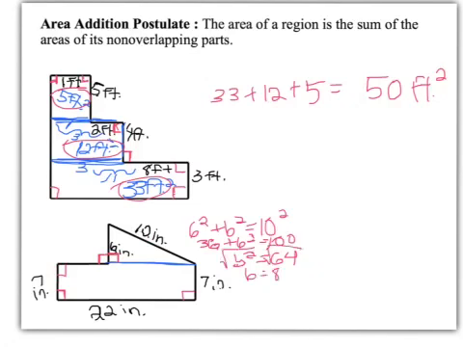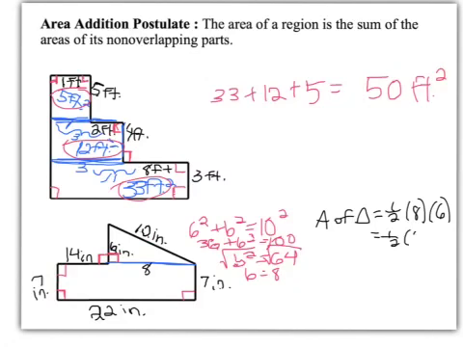If this piece is 8, and we know that the base here has to be congruent to this, 22 minus 8 gives us that this piece must be 14 inches. So now we have the measurements of all the pieces that we need. We're going to add the area of the triangle, which is 1/2 the base, which is 8, times the height, which is 6.